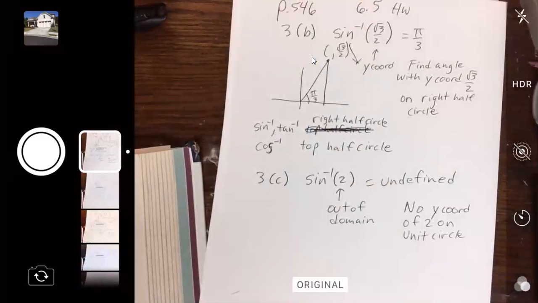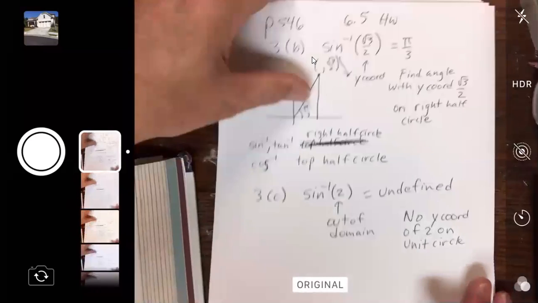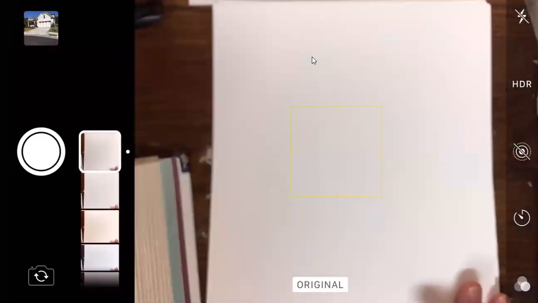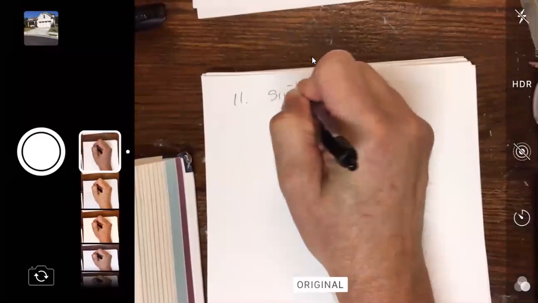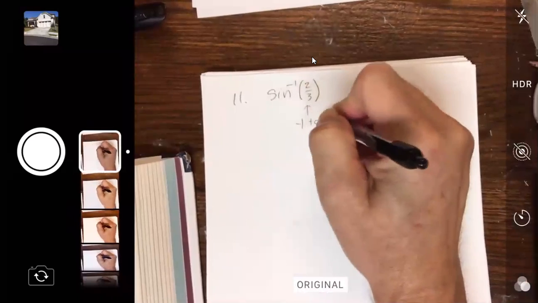All right, punching the inverse trigs into the calculator should be pretty straightforward. Okay, and then they start mixing them up. So say 11, this should be real straightforward, arcsine of 2/3. You've got to check that it's between -1 and 1.